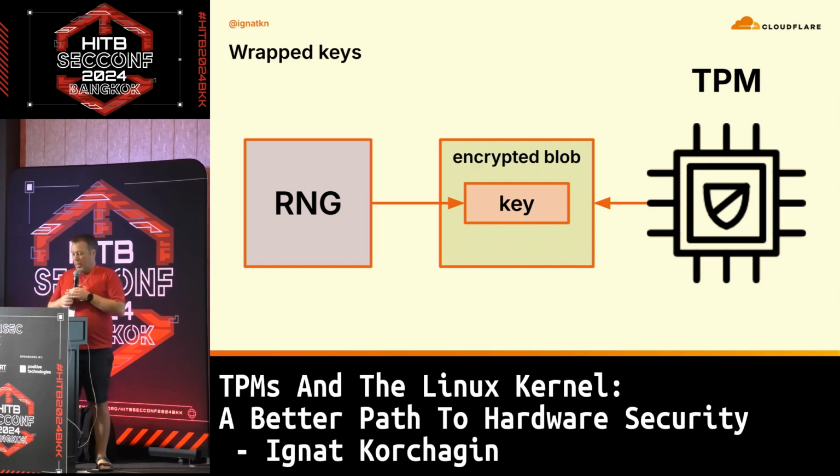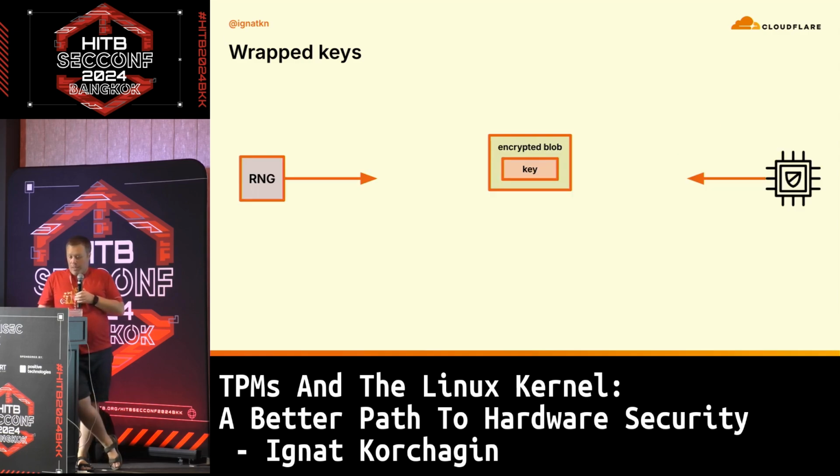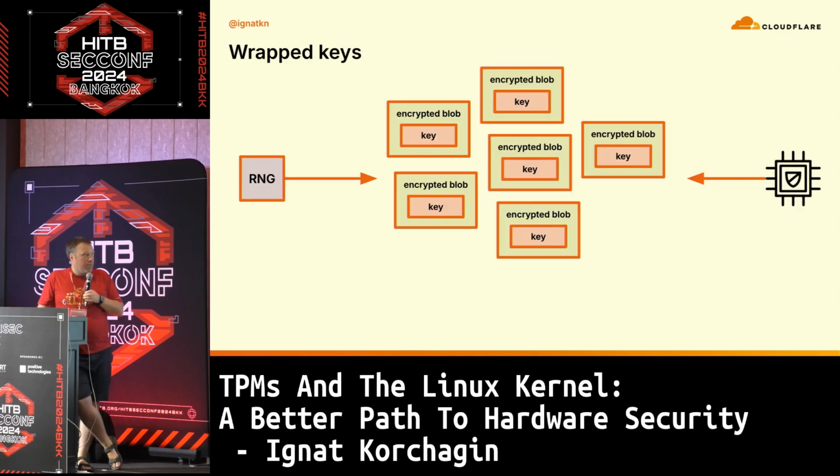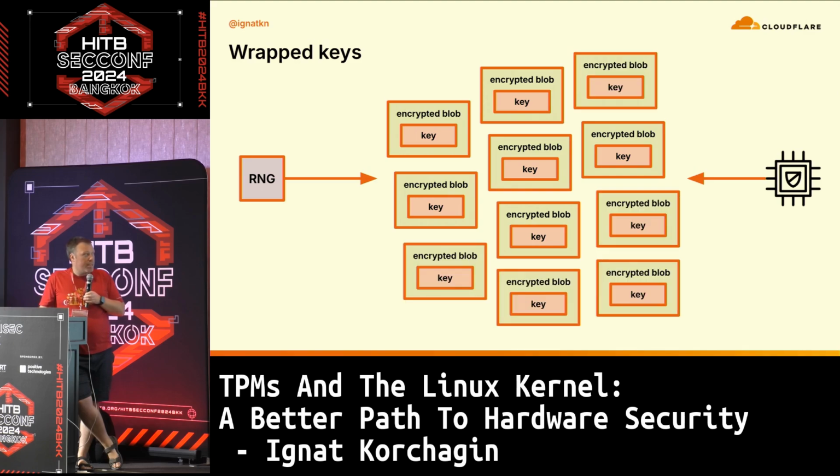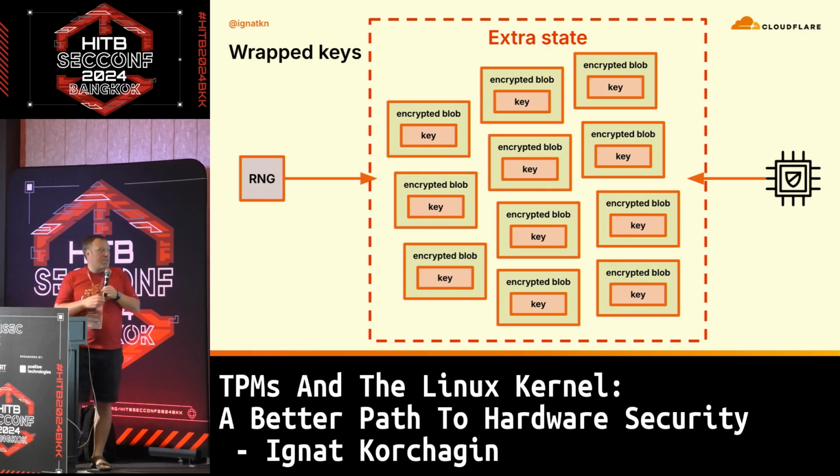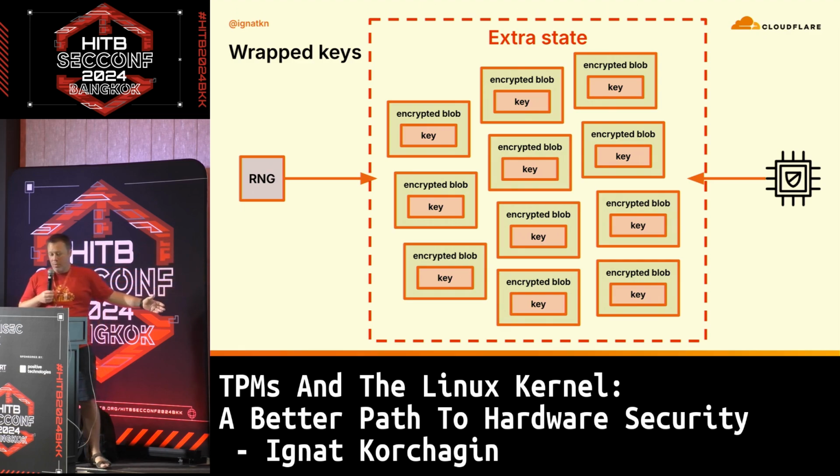Yes, you can have one application specific key to manage, but what if you have 5 or 6, or we have many services running in production, and they all require some kind of specific key. So it's all this extra state and extra key management that we have to manage.